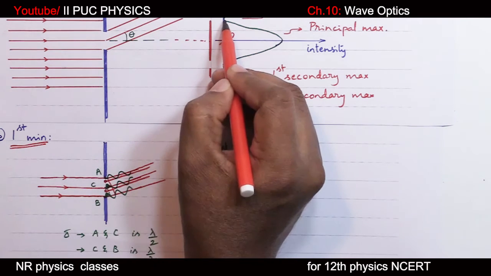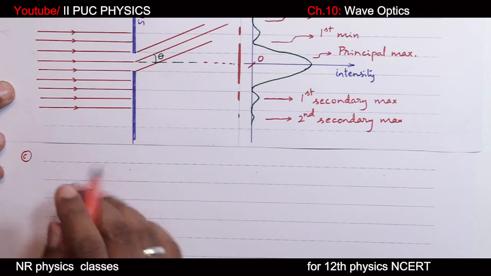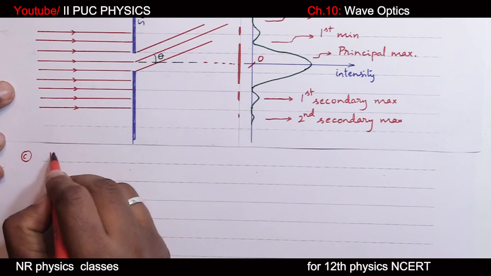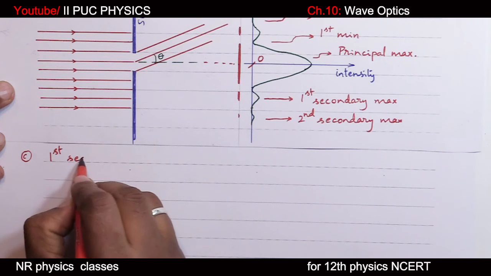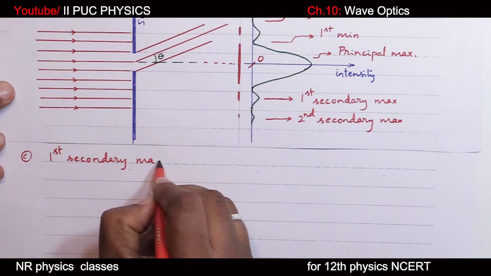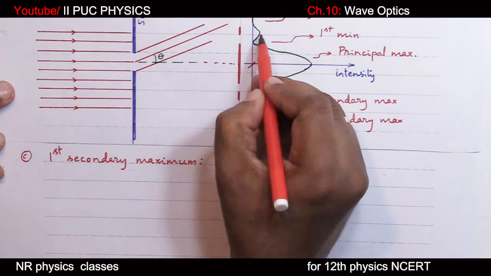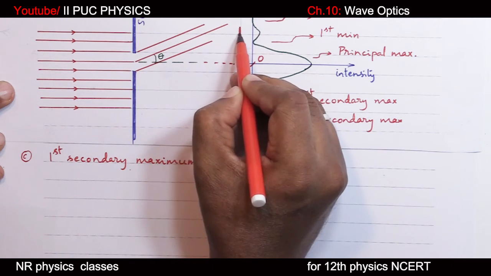That dark region is first minimum. Next is first secondary maximum. First secondary maximum is this peak or this ring.